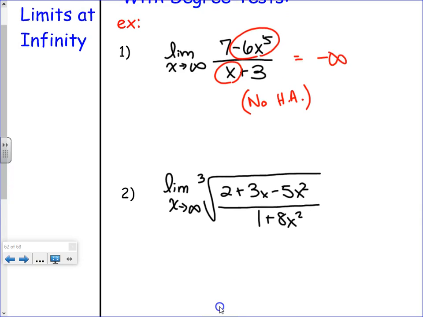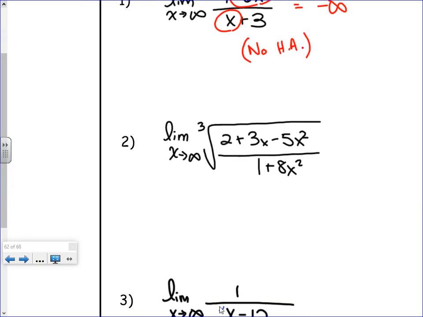Oh wait, hold up. It's something important. Who wins? They're the same. They're the same, yay. Now, with limits, we can take this big old cubed root outside. What's the ratio of leading coefficients inside? Now I could simplify it.